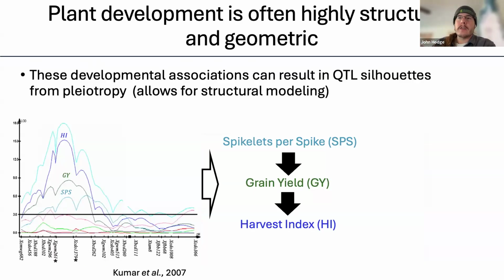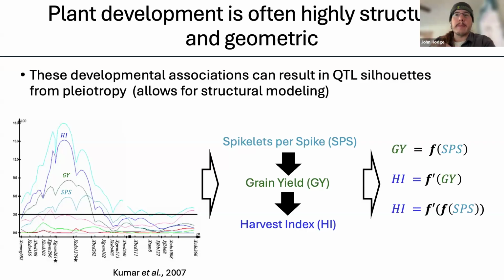But if you have other traits that are related to morphology and development, you can start to envision how there's some sort of sequence of events that gets you that same QTL that's silhouetting across these different genetic maps.